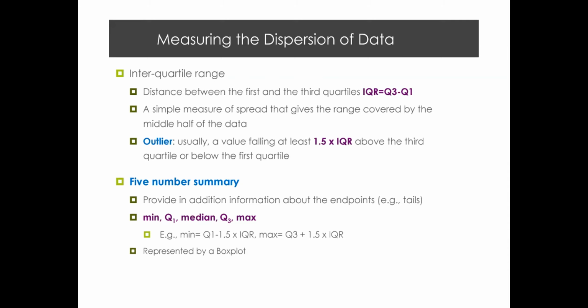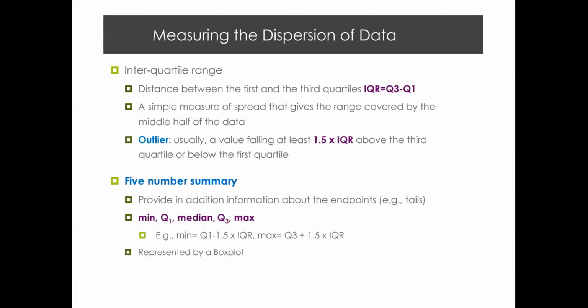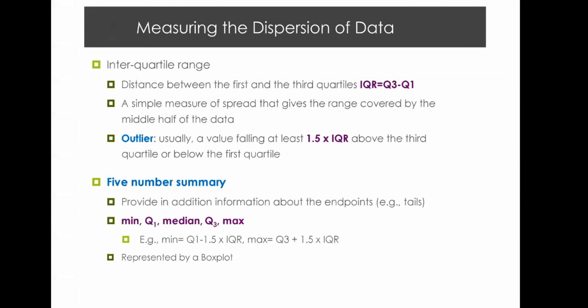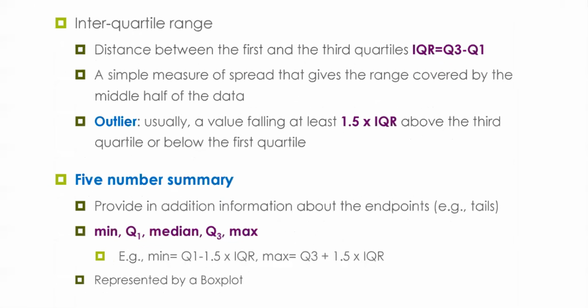Here you find the distance between the first and third quartiles: IQR equals Q3 minus Q1. This simple measure of spread gives the range covered by the middle half of the data, called the interquartile range.